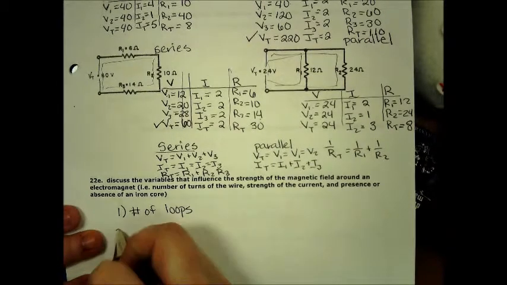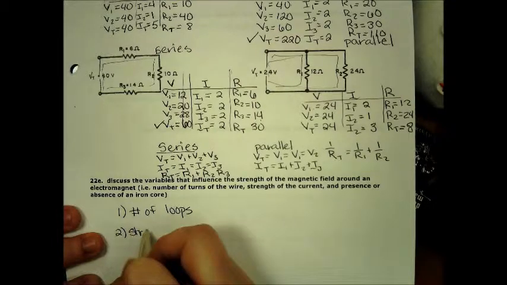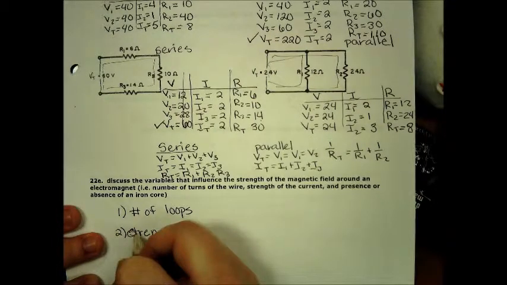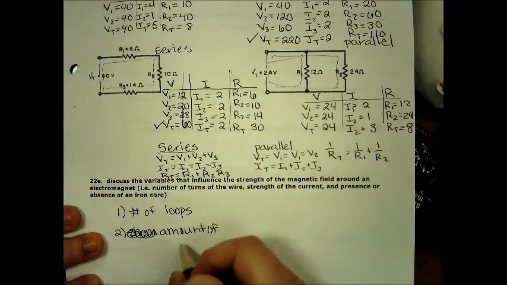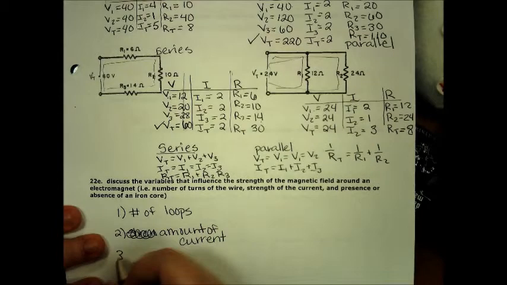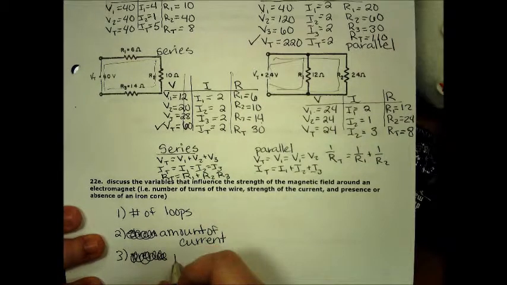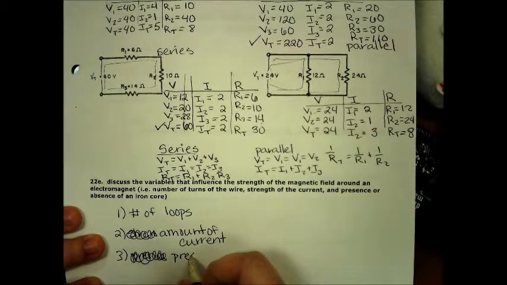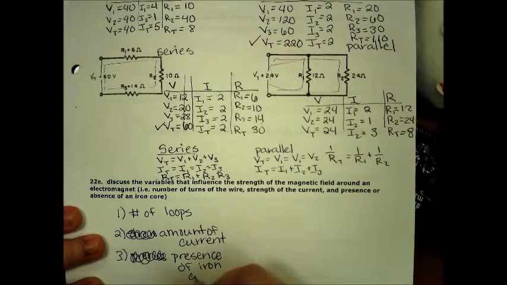Number of loops, strength, I'm going to use the word amount of current, and presence of iron core.